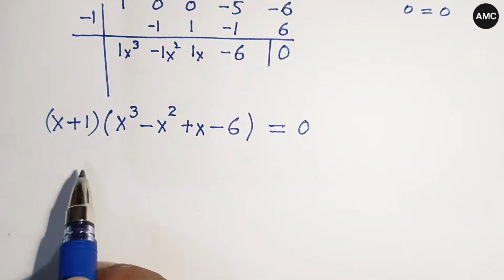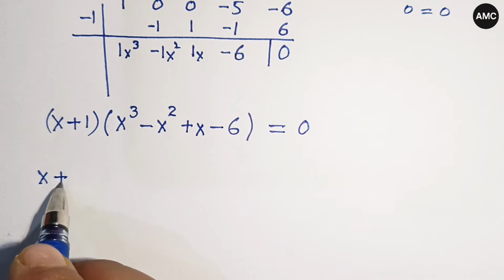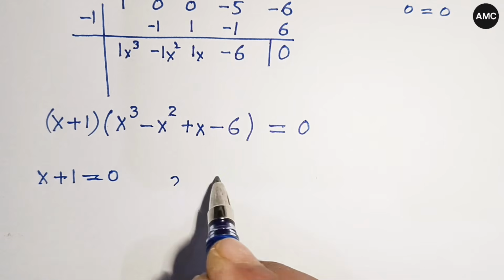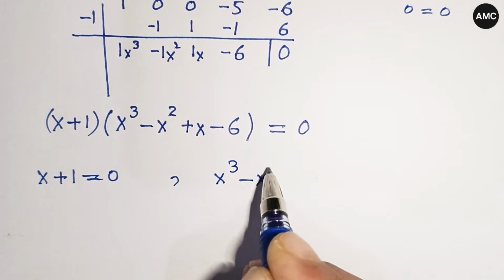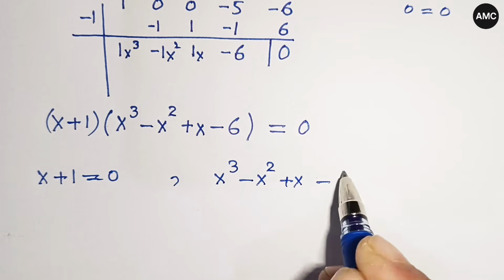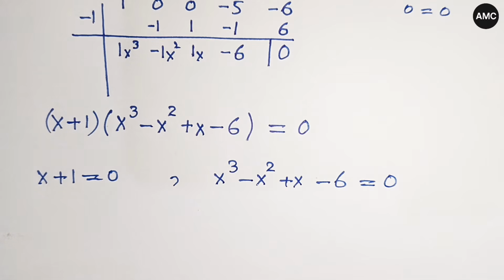So now we see that the first factor x plus 1 is equal to 0, or the second one, x cubed minus x squared plus x minus 6, is equal to 0.